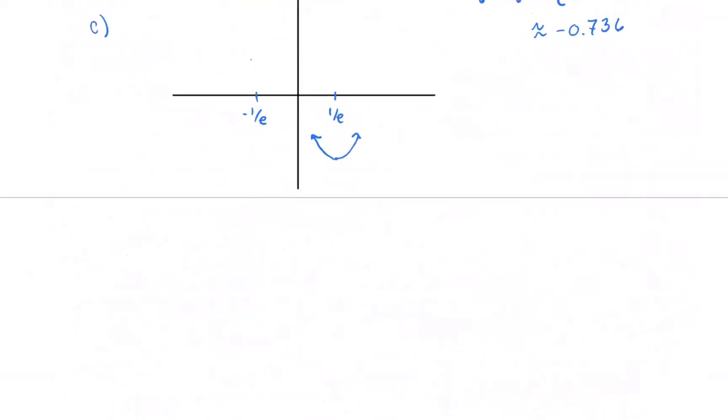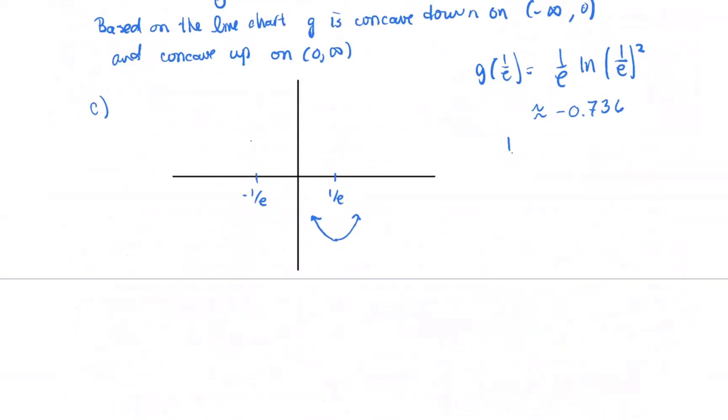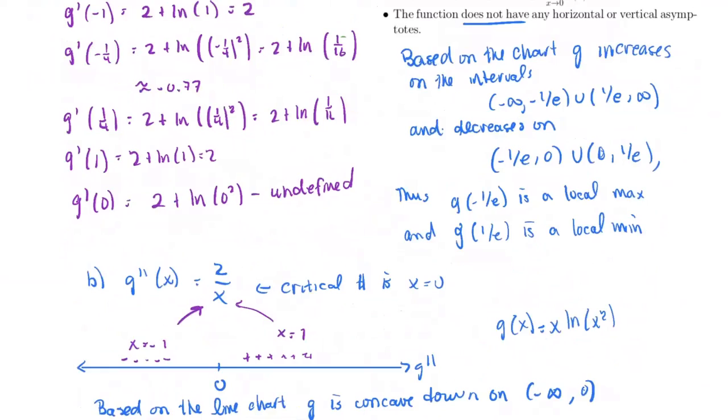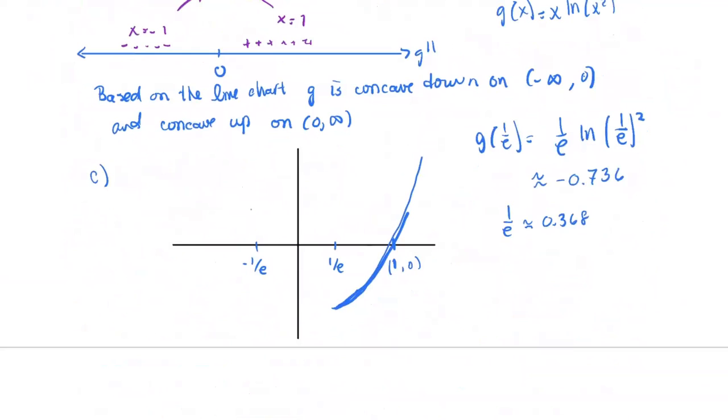If 1 over e is approximately 0.368, this is maybe 1, 0, so my graph is probably going to hit that one. Then I asked myself, are there any asymptotes? And it says no asymptotes. So I'm pretty sure that here it's going to do something like this.